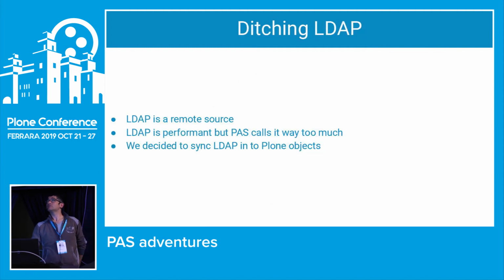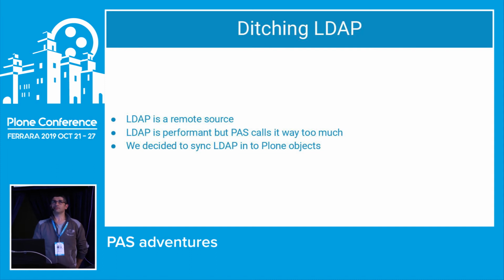So to start fixing things, we started to remove LDAP from the game. We decided that, given that it is a remote source and it is not changing that often, we could synchronize the content from LDAP to our website.